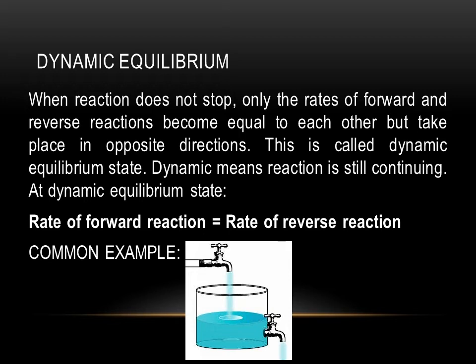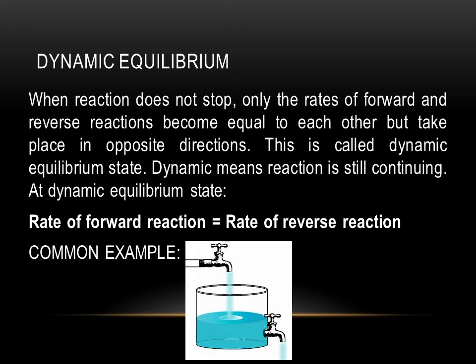This picture is showing a very common example. We are taking water in a container. Now the tap is open and water is filling the container. The rate of inflow of water is equal to the rate of outflow of water. So definitely the amount of water in the beaker will not change.